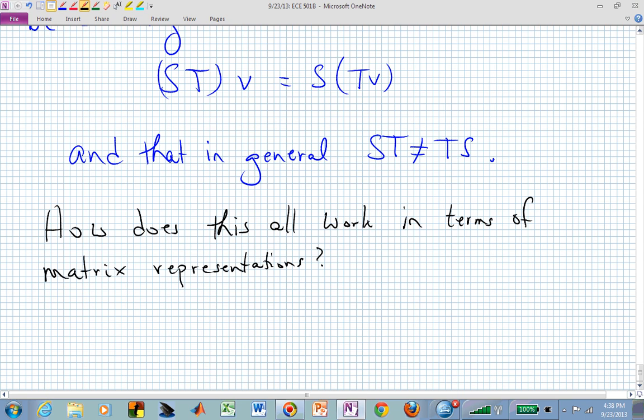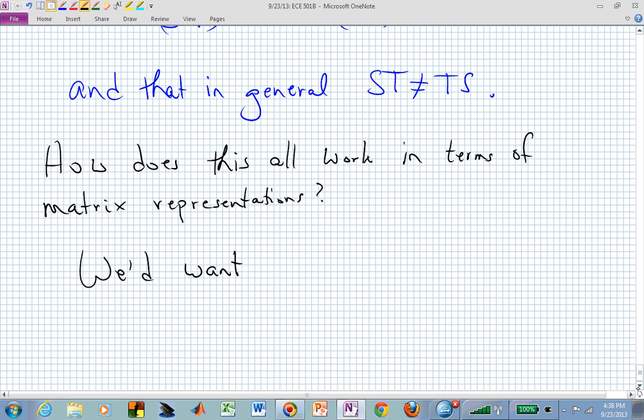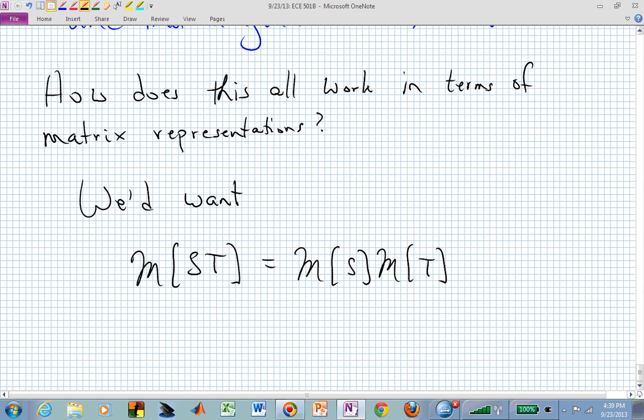What would we want to have happen? If we had the matrix representation of this linear map ST, what would we like that to look like in terms of the matrix representations? Hopefully it looks like the matrix of S times the matrix of T, like you're used to seeing.